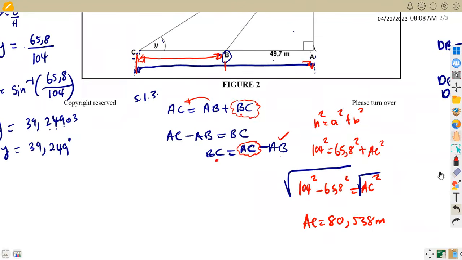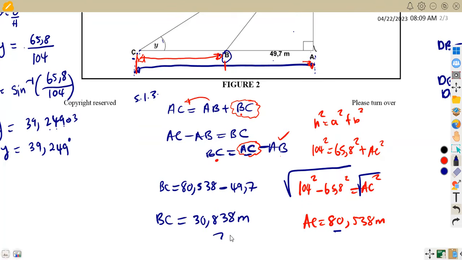So our BC is going to be AC, which is 80,538 minus AB. AB is the one that we are given as 49,7 in meters. So this is going to give us BC in meters. That is 30,838 in meters. So that is the idea of the question.